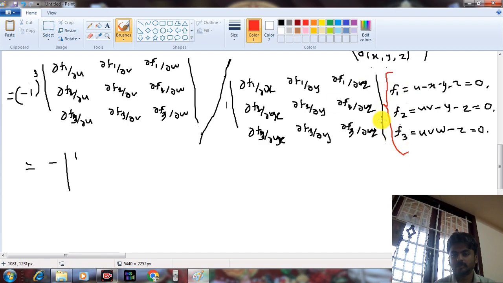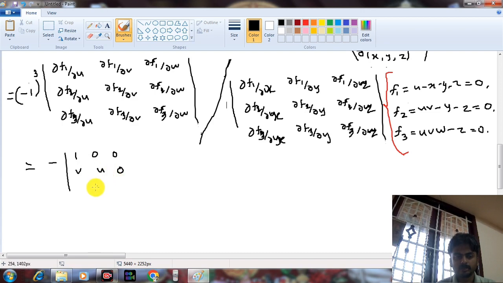So when I differentiate f1 with respect to u, I will get only 1. If I differentiate f1 with respect to v, I will get 0. And if I differentiate f1 with respect to w, then also I will get 0. If I differentiate f2 with respect to u, I will get v, and with respect to v, I will get u, and with respect to w it will be 0.